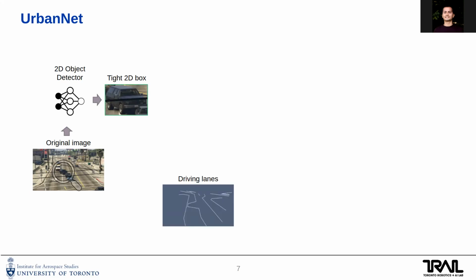We also have a map of the center of the driving lanes on the scene, and we use these 2D bounding boxes to crop the projection of the driving lanes onto the image plane. We then concatenate the image snippet that comes from the camera, as well as the additional channel that represents the driving lanes, and feed it into a 3D object descriptor.